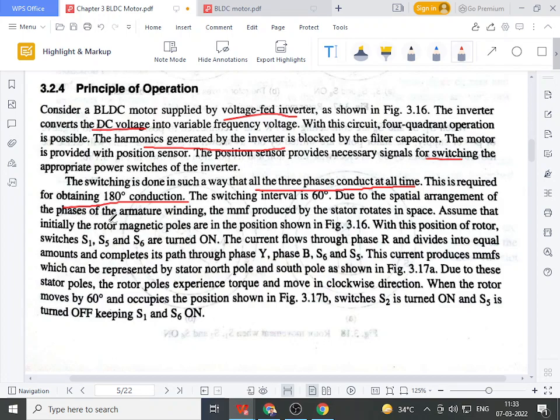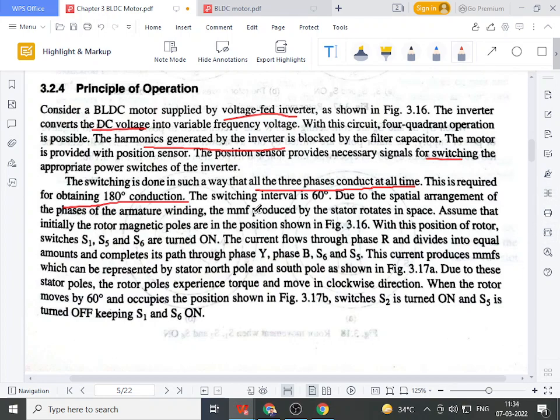As the armature winding is 120 degree space displaced, when we excite that winding with the three-phase supply, the magnetic field developed inside the air gap is the rotating magnetic field.